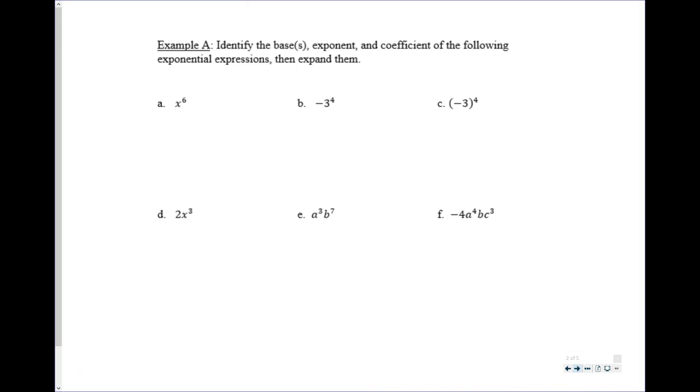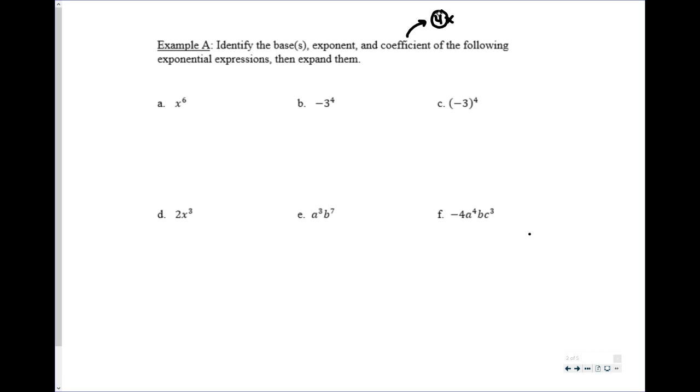Other things that we need to be able to do is think about coefficients. So in this example, we're going to identify the base, sometimes bases, exponents, and coefficients of the following exponential expressions. So we know that a coefficient is, if I have 4x, this is my coefficient, right? It's the number in front of the term.